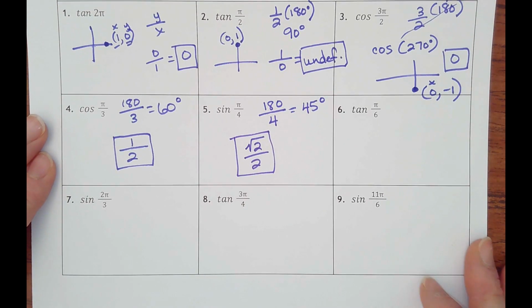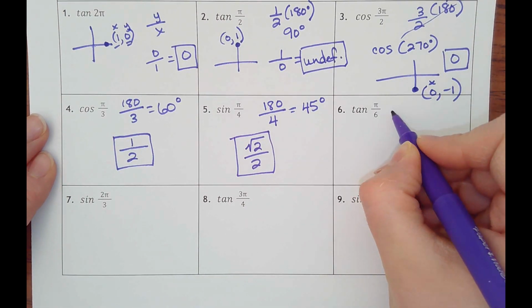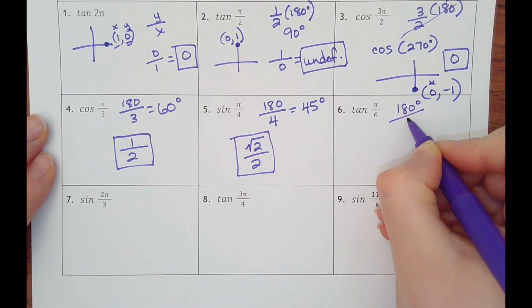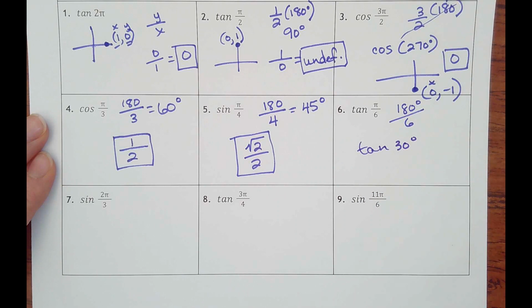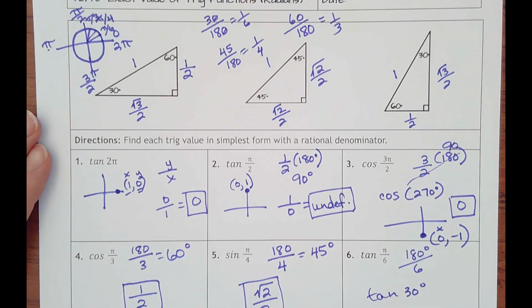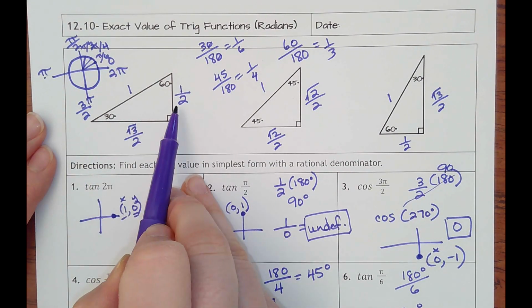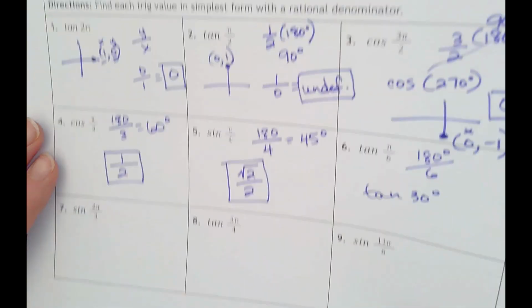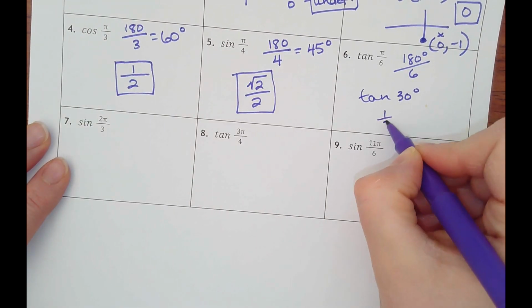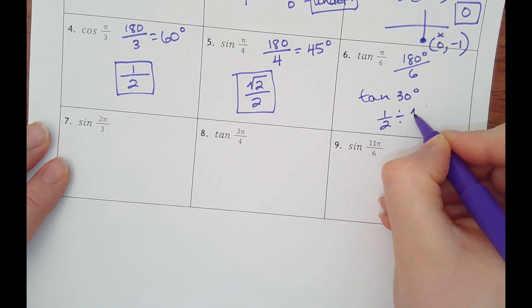And then number 6, we have 180 degrees divided by 6. And that would be tangent of 30. So we're taking our y divided by x, our opposite divided by our adjacent. 1/2 divided by square root of 3 over 2.